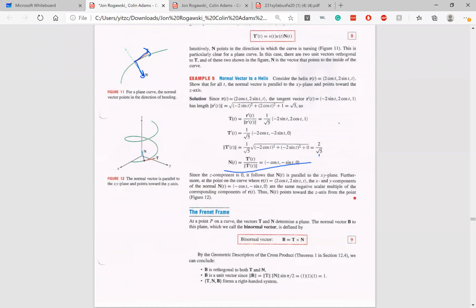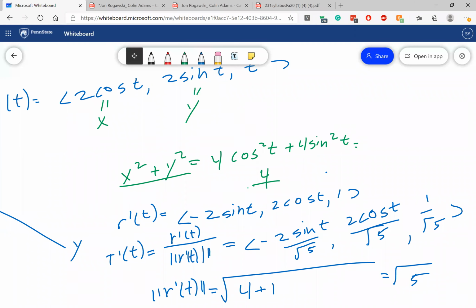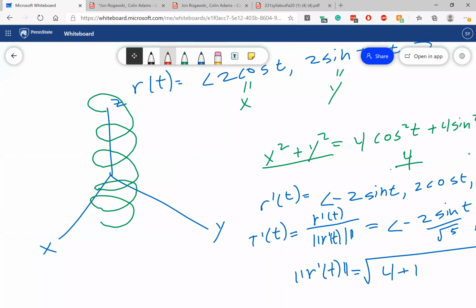And then your normal vector is going to be this, which we found, over the magnitude, which is fairly simple to find, and that will give you your normal vector. And so again, your tangent vectors are going to be pointing tangent to this helix at any point. So here are your tangent vectors. And your normal vectors are going to be pointing inside. They're going to be normal to the curve, or orthogonal.